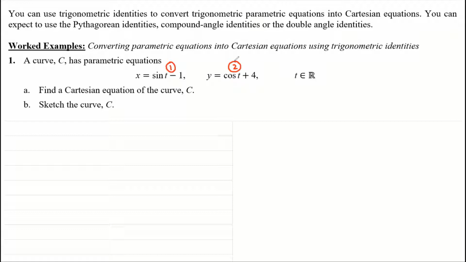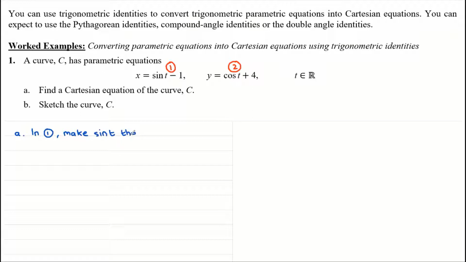What is a good idea is to make the sine t or the cos t the subject first. So that's what we're going to do. We'll take some notes while we're doing this. So for part A, in equation 1, we're going to make sine t the subject.